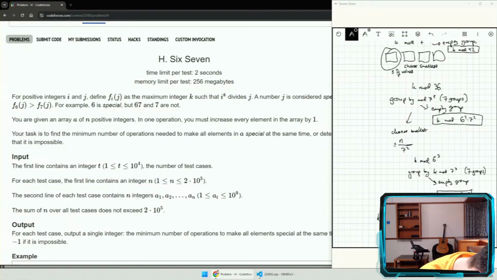So if n is less than 7, then I can choose a value mod 42 that just works.